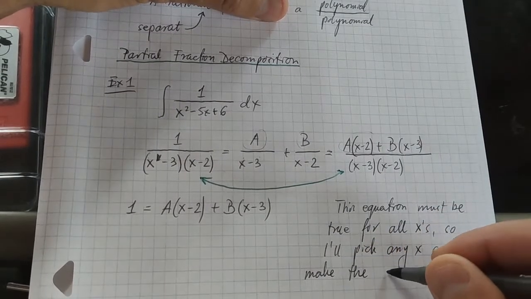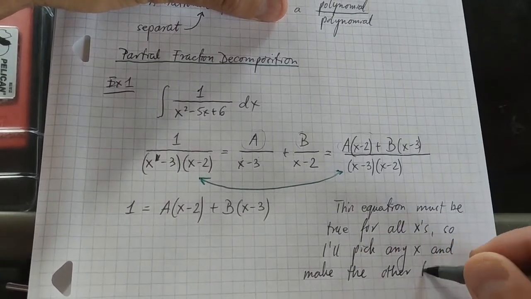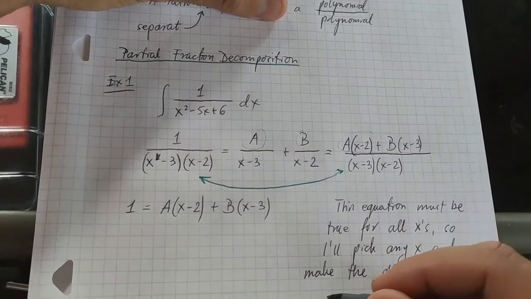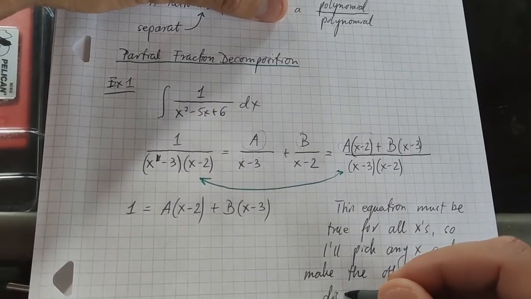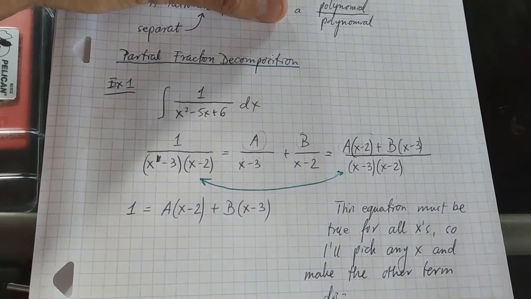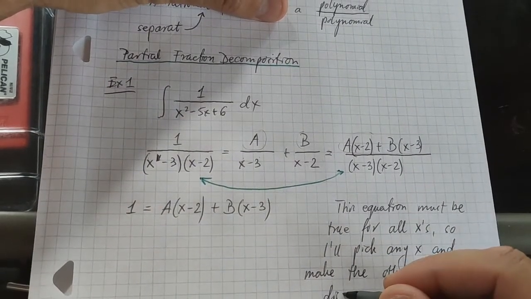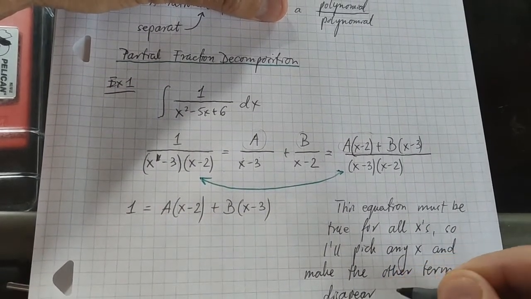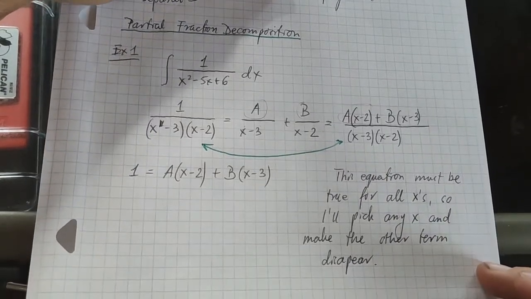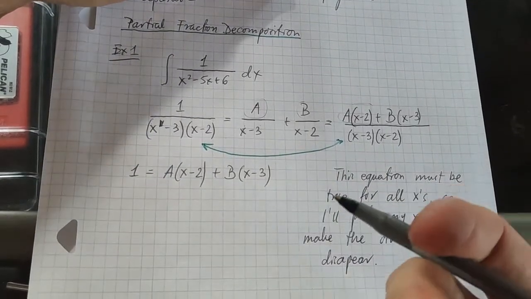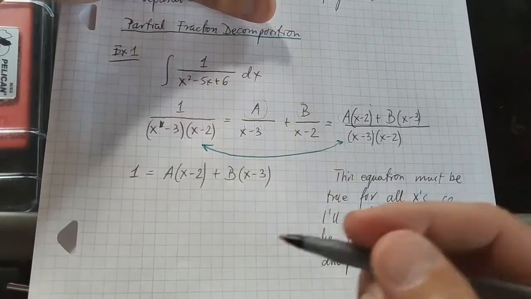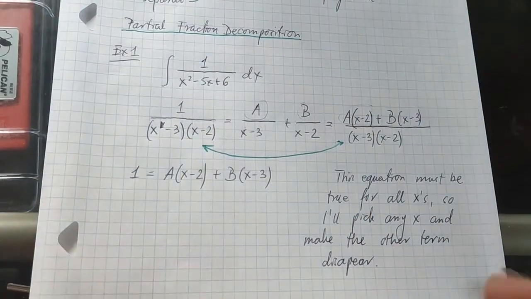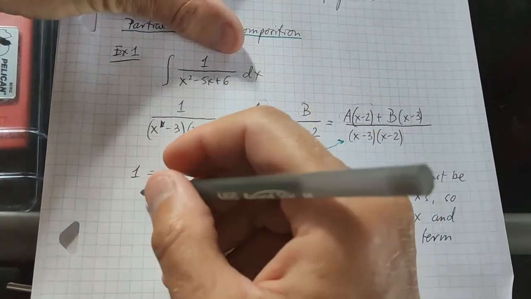I can pick any x, so I'll pick one that makes the other term disappear. How about 2? So x equals 2.